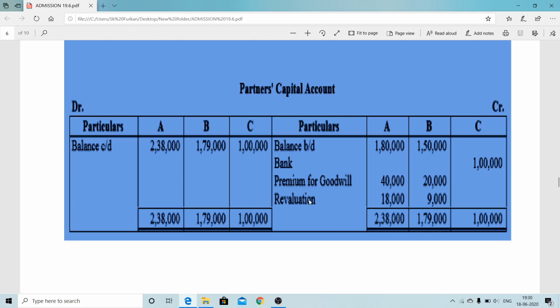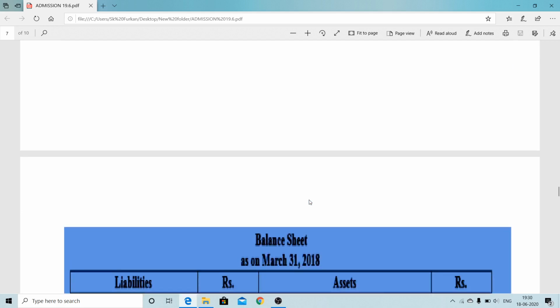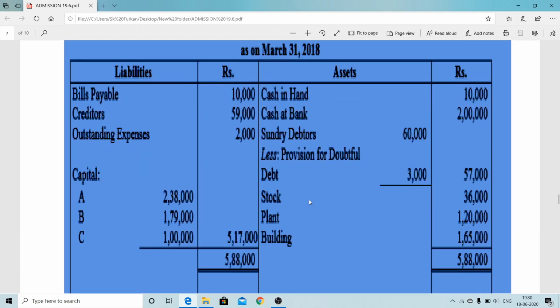Now we will come to our last step, that is our balance sheet, the new balance sheet after admission of the new partner. We can see on the balance sheet, bills payable as it is, creditors 1,000 increases, 58 plus 1, 59. Outstanding expenses, it is the old balance sheet figure. Now the current balance of capital, A's capital, B's capital, C's capital, total 5,17,000, combined capital of the three partners.